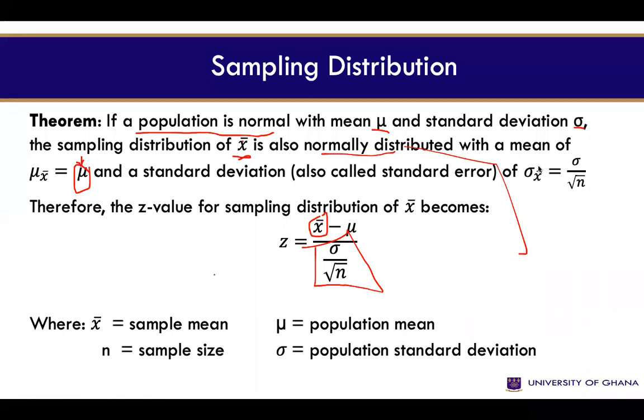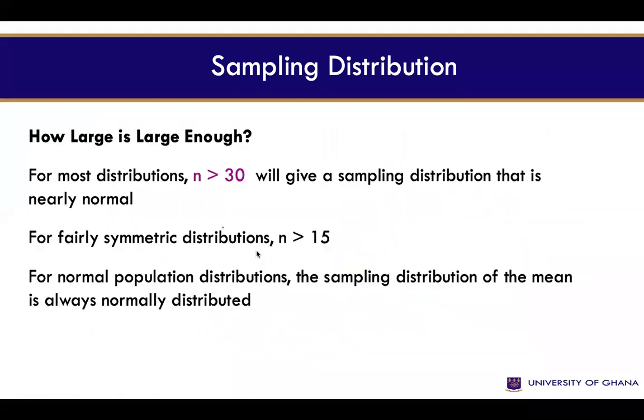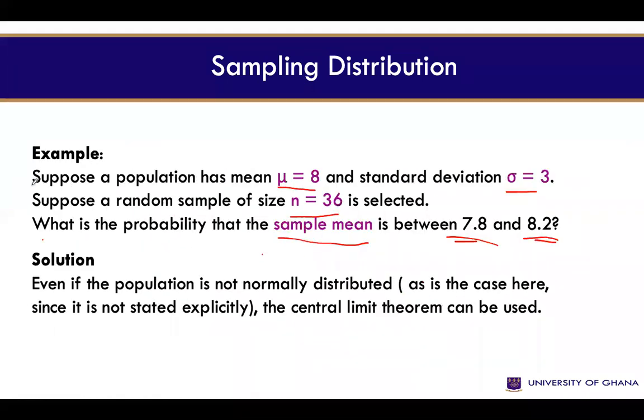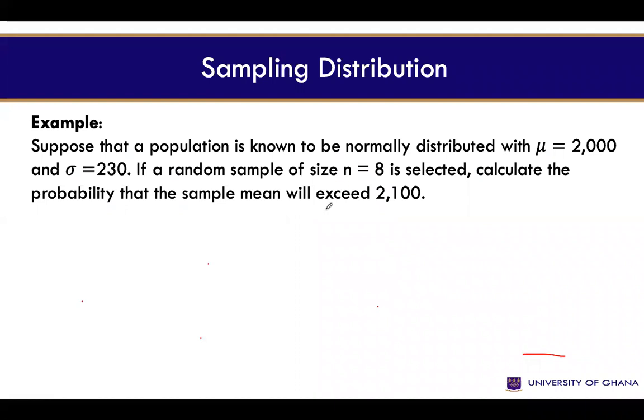So if you look at the first question we solved, they didn't say anything about the distribution of the population, but we could approximate it to a normal distribution because the sample size was large. You catch? But for this other question that we just solved, we know that the population is normally distributed. So although the sample size was small, we could still approximate using the normal distribution to calculate the probabilities.